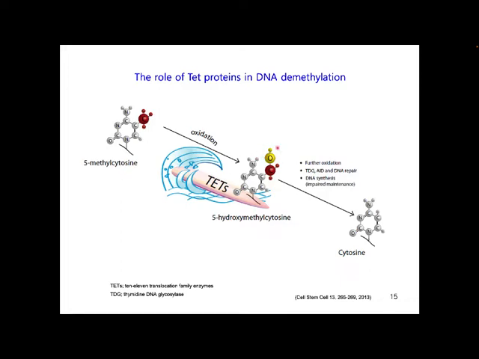So this TET oxidase converts 5-mC to 5-hmC, and the 5-hmC formed is further processed by other enzymes such as TDG, AID, and deaminase, and after some DNA repair process, the methylcytosine and hydroxymethylcytosine are transformed back to the original cytosine again.